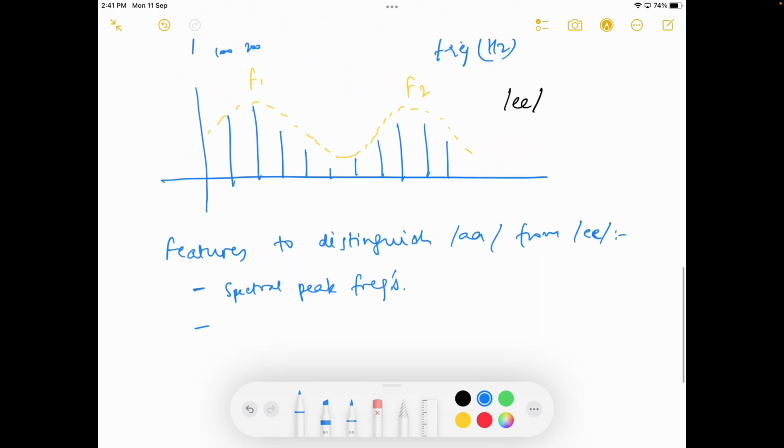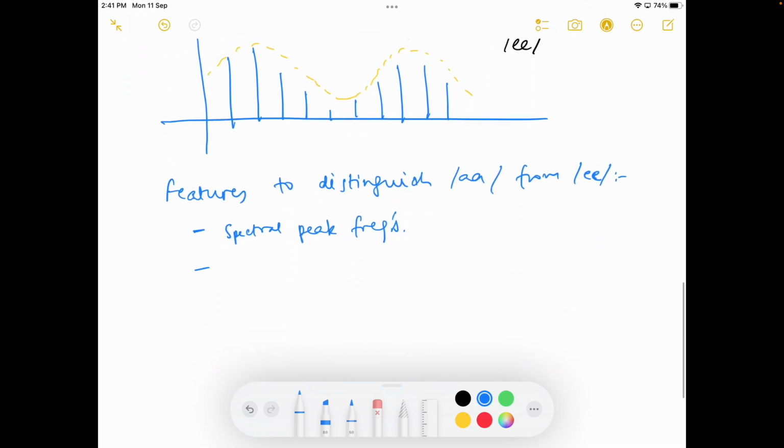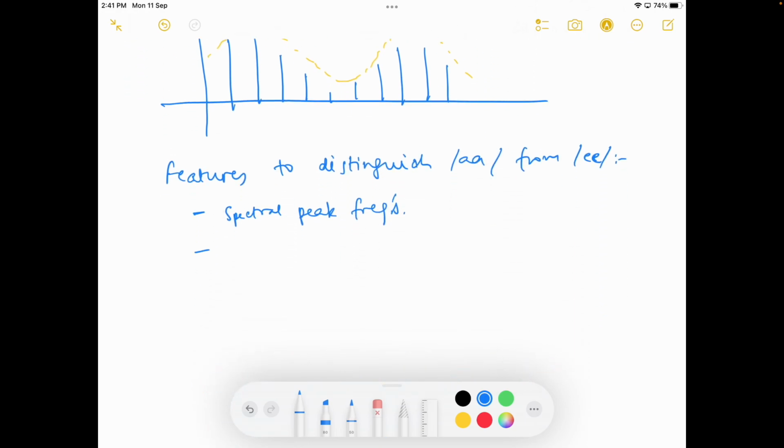Let's say my DFT has 8000 hertz, the DFT resolution is up till 8000 hertz. The capital N is, let's say, 8000. Then I will get more peaks than the other person. So this feature is a good feature, but its length is not constant.